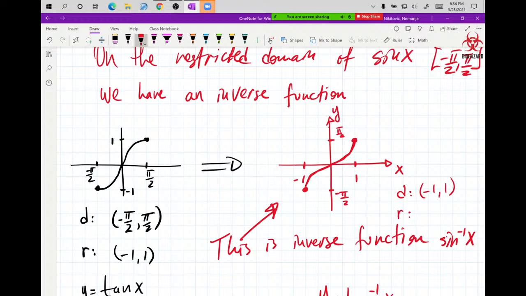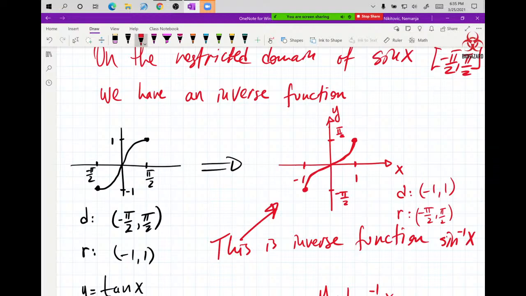And the range, which is up and down, is from negative pi over 2 to positive pi over 2. Once you have the graph, right, domain and range are easy because you can just look at the graph. I mean, not graphs, the domain and range, right? If that's asked of you to get.